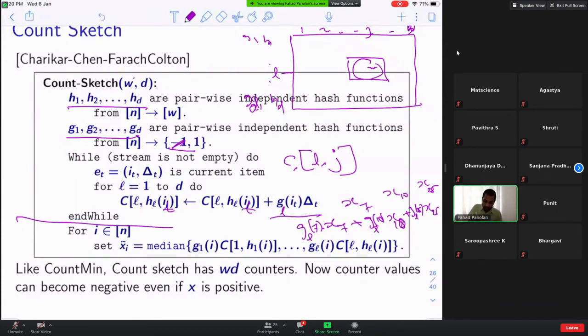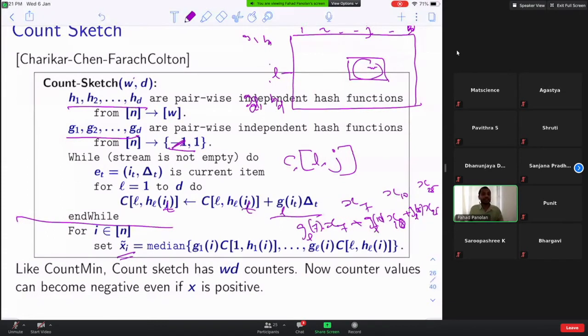So after updating that, how do I get the estimate x_i tilde? You look at each row and look at the counter where x_i is mapped to in each row. If you notice, in each of these counters, say look at the first counter, x_i may be added as a negative entry.